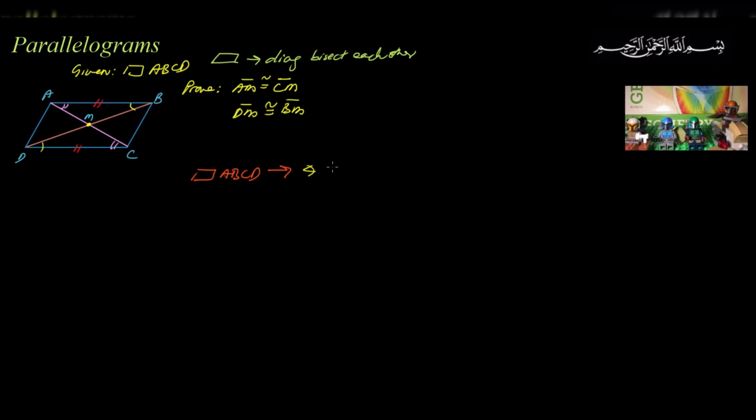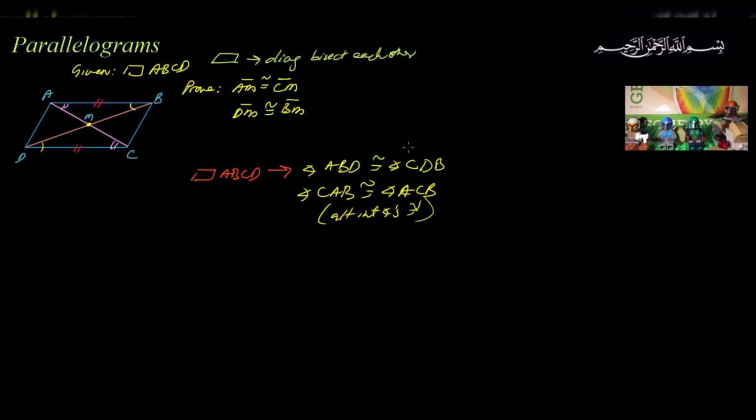Angle ABD is congruent to angle CDB. And angle CAB is congruent to angle ACB. Those are alternate interior angles, which are congruent by the alternate interior angle theorem. So we got that.